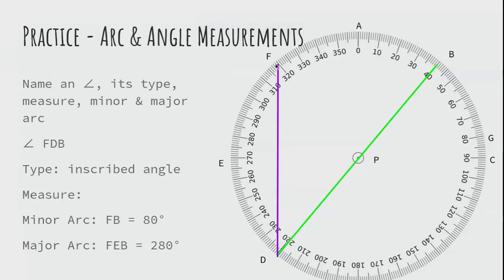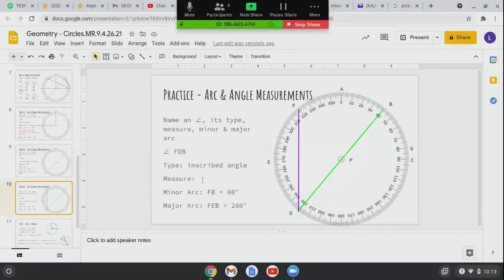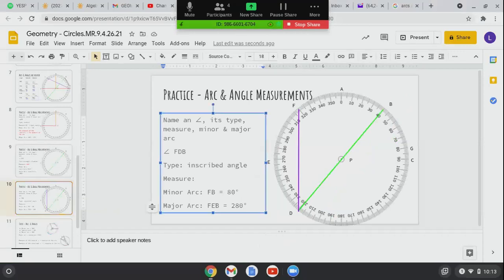So if this arc is 80 degrees, then the measure of this angle is 40 degrees. And it is 1/2.